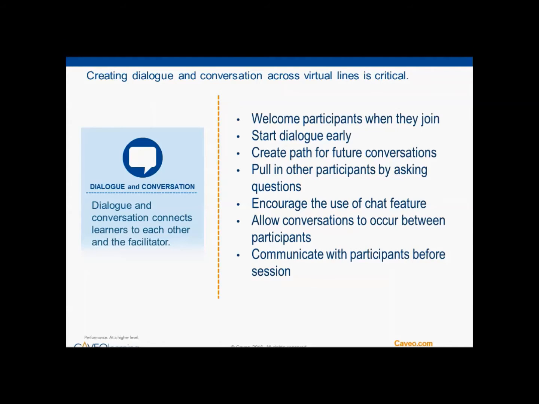Now, I've been conducting virtual sessions for quite some time, and my experience has been that if you treat your participants like adults, they will act like adults. And if you allow those dialogues to happen, you'll get robust dialogue amongst your participants.